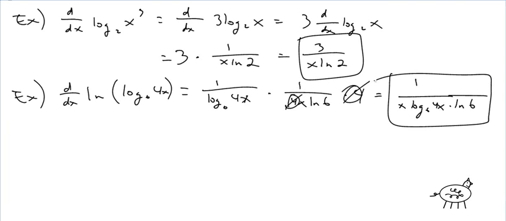All right, so let's get a couple more examples here, math fans. d by dx of 1 over log base 4 of 3x. I'm definitely going to use the quotient rule here.